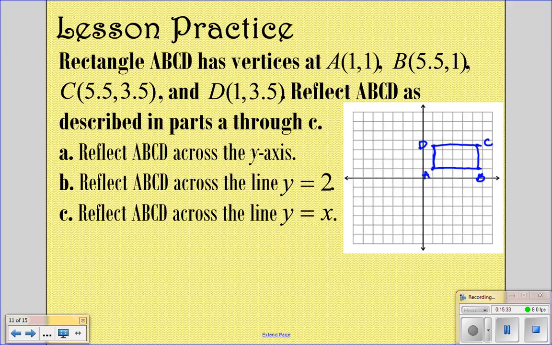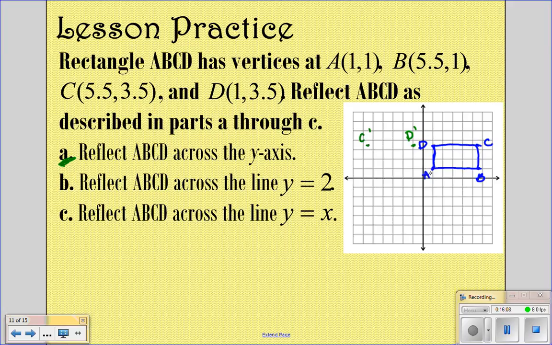Okay, so we're going to reflect this rectangle across the y-axis. And so I'm going to do A in green. So the y-axis is this axis here. So we're just going to go over 1 because D is 1 away. So we'll name it D prime. And then for C, we're going to go over a half, and then 1, 2, 3, 4, 5.